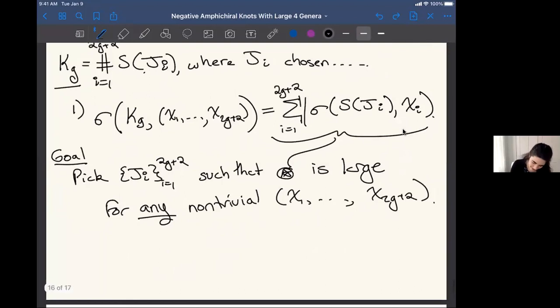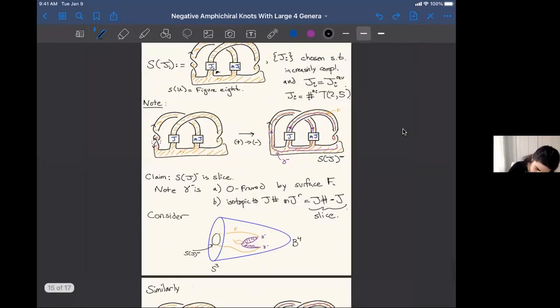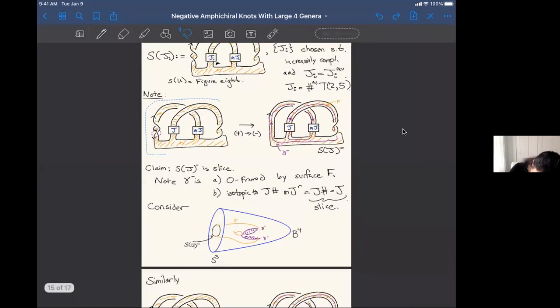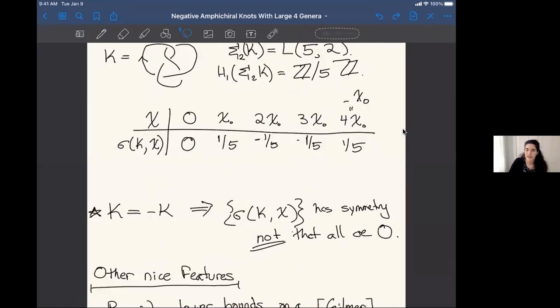And again, let me come back and steal a picture, and come back to the figure 8 knot and look at it for a second, since this really is a generalization of the figure 8 knot. Here we got 1/5, minus 1/5, minus 1/5, 1/5.